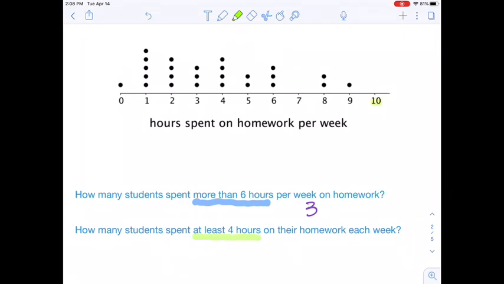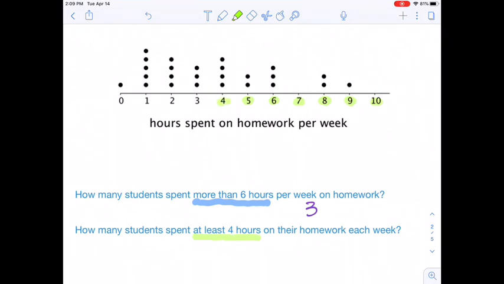Yes. Is 9 at least 4? Yes. Is 8 at least 4? Yes. Is 7 at least 4? Yes. Is 6 at least 4? Yes. Is 5 at least 4? Yes. Is 4 at least 4? If at least 4 means 4 or more than that, then can I include 4?